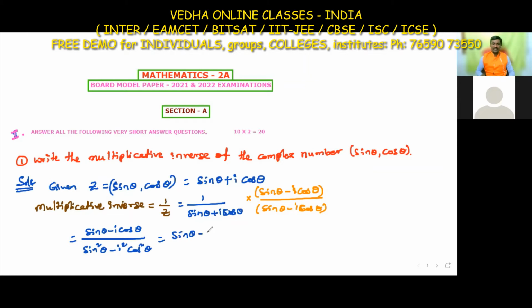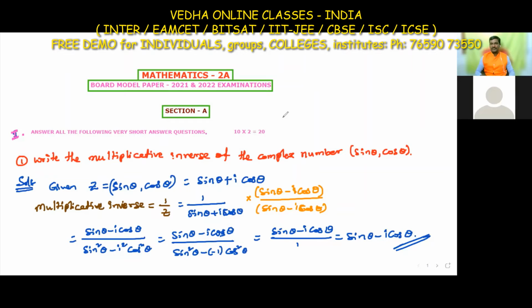Here i square value is minus 1, so minus into minus is plus: sin square theta plus cos square theta, which equals 1. Finally, sin theta minus i cos theta is the multiplicative inverse of the given complex number z. So 1 by z is the multiplicative inverse here.